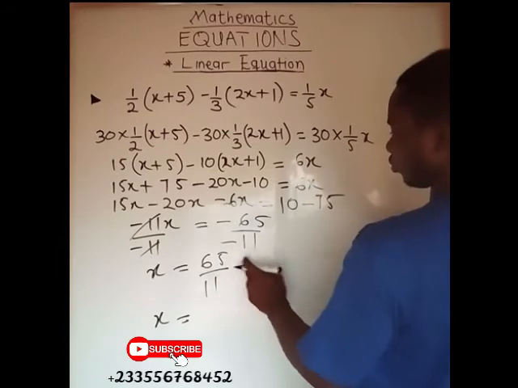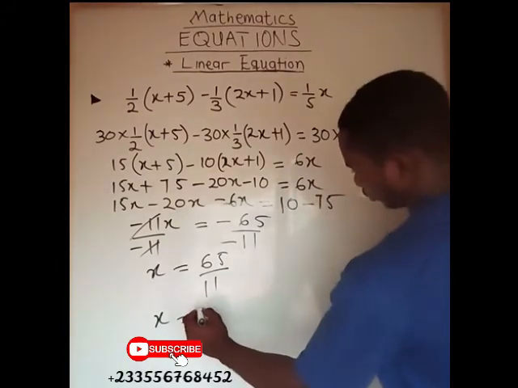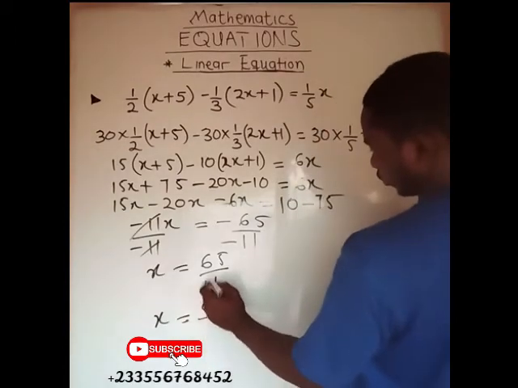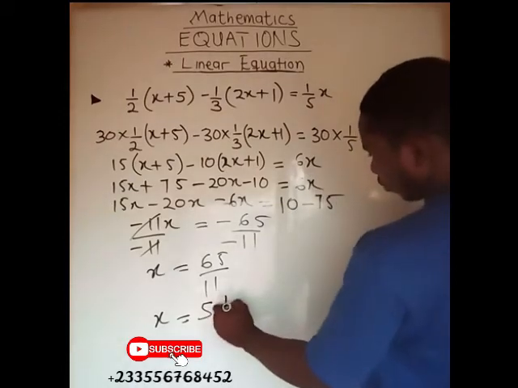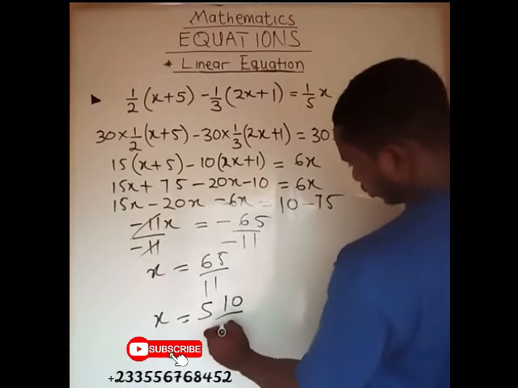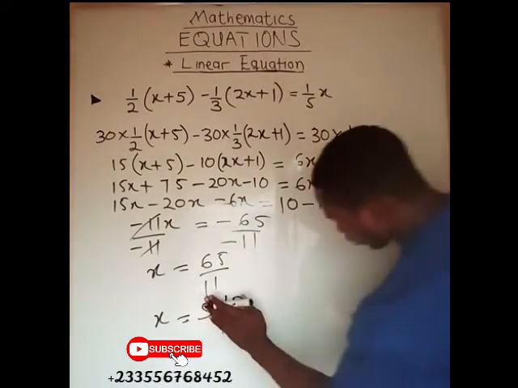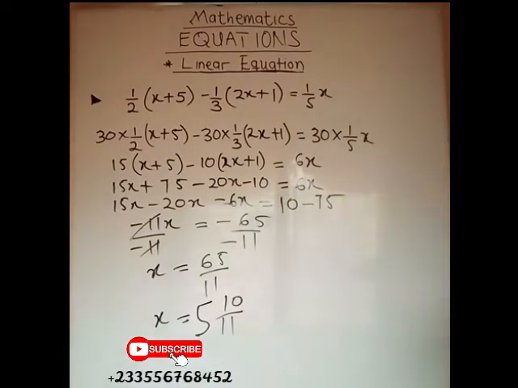So this one will go 5 times, that is 55. Then we subtract 55 from 60. So we get 10 from 11. We have 5 whole number, 10 over 11.